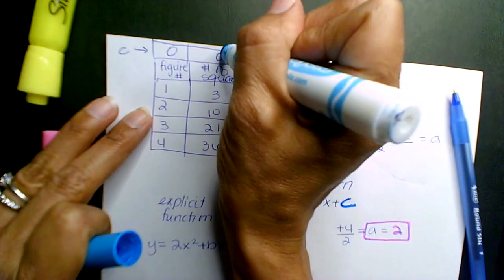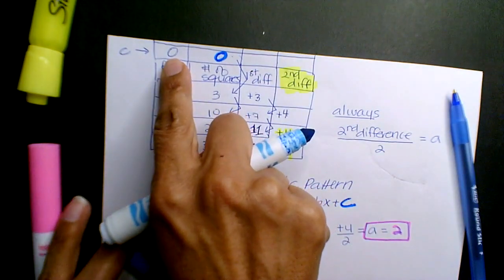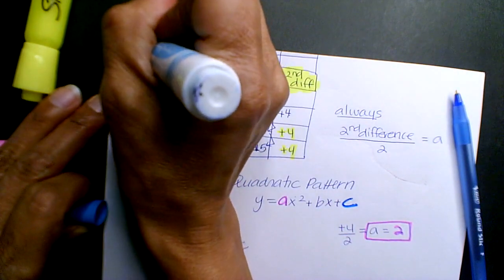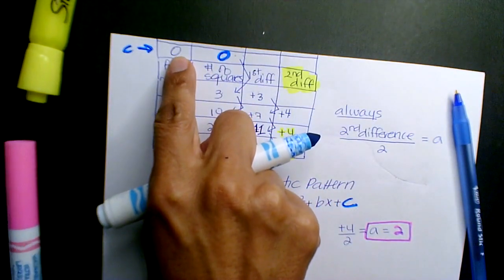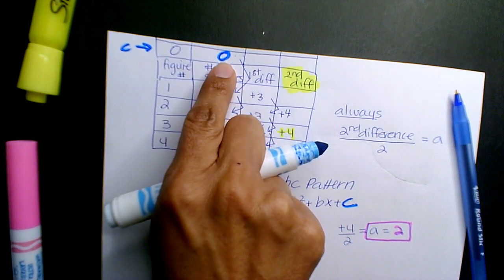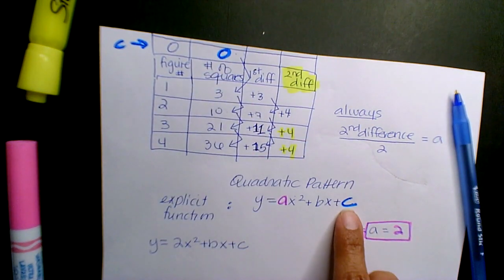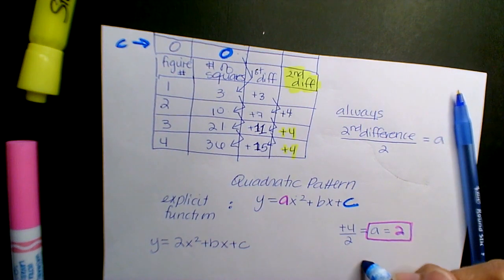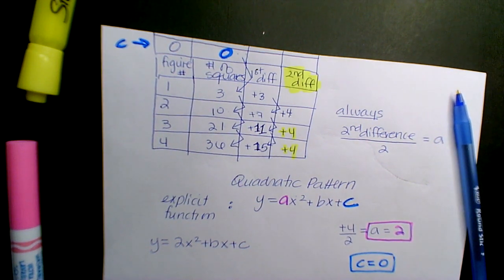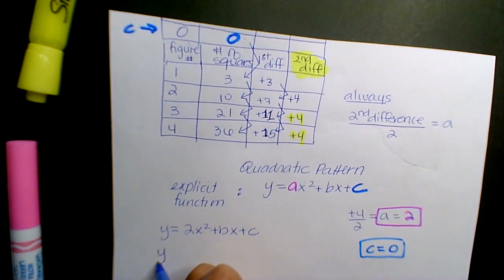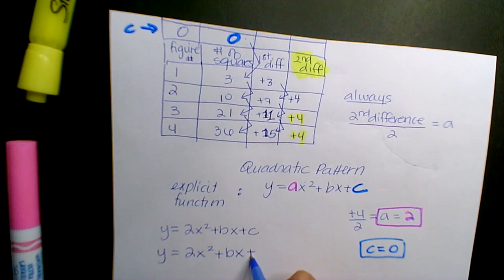When the input is 0, your y output is the C value. So C is equal to 0. So far, I now have y equal to x squared plus bx plus 0.